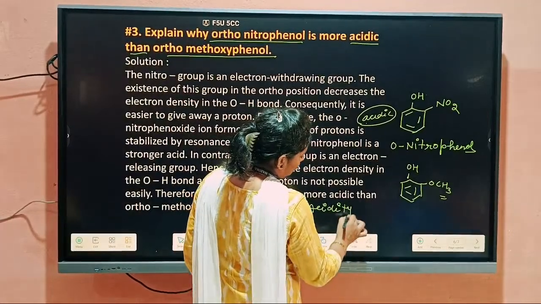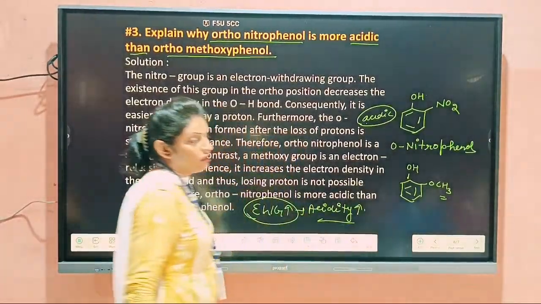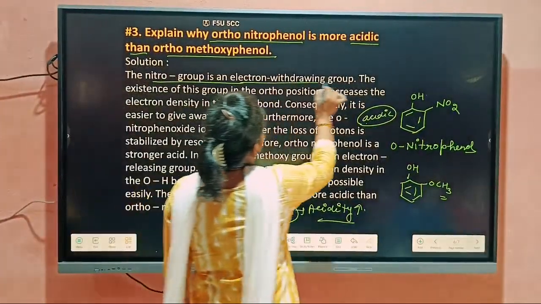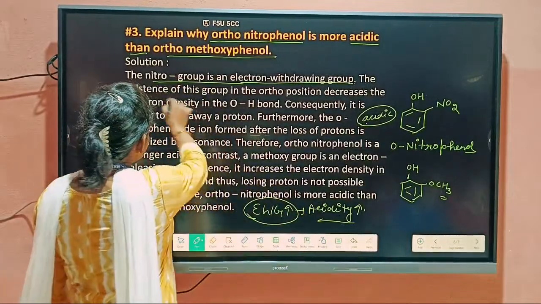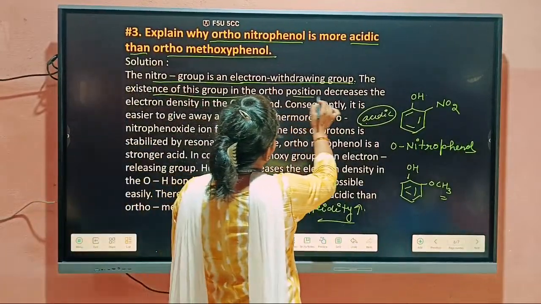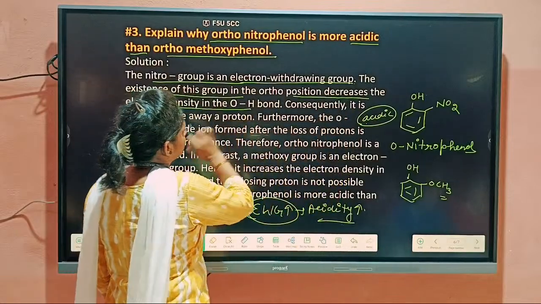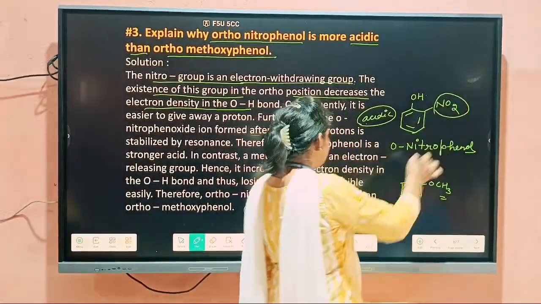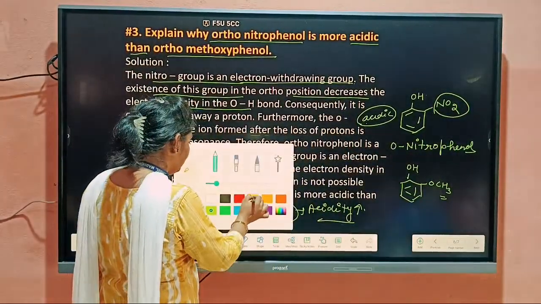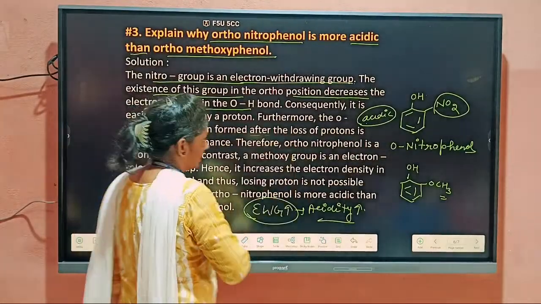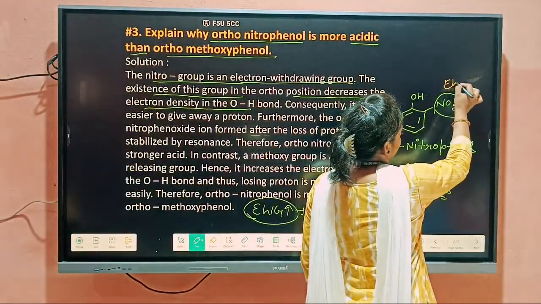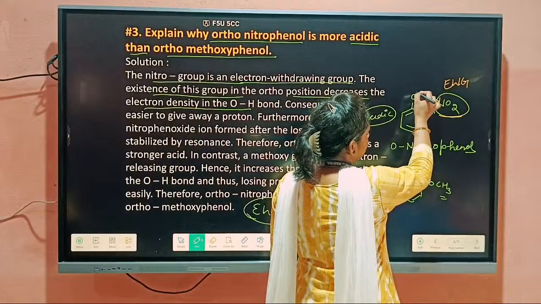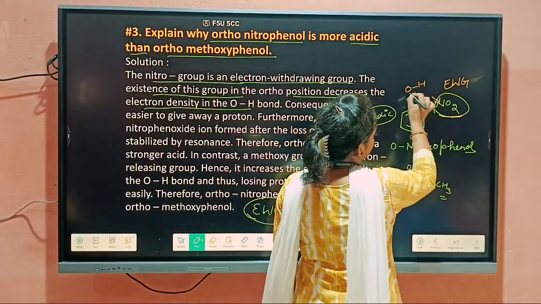Acidity is directly proportional to the number of electron withdrawing groups attached to the phenol. Here, nitro group is an electron withdrawing group. So the existence of this group in ortho position decreases the electron density in the OH bond. It will attract the electron towards itself, which weakens the bond between oxygen and hydrogen.